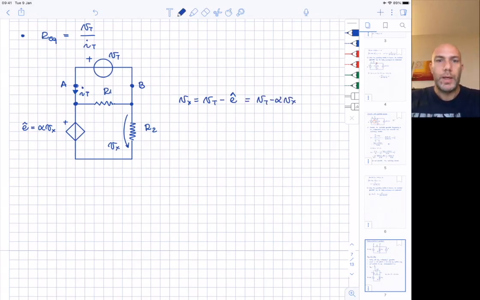And so, in this specific case, the calculation of the controlling variable is trivial.